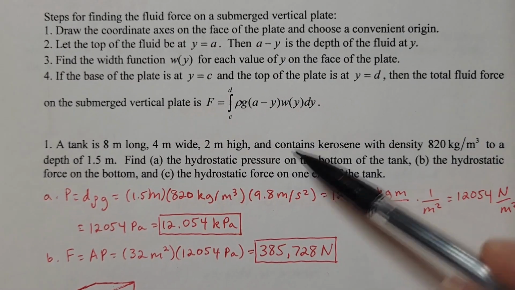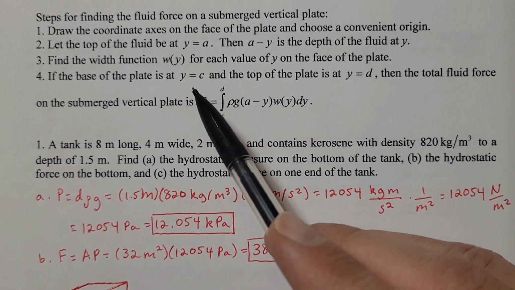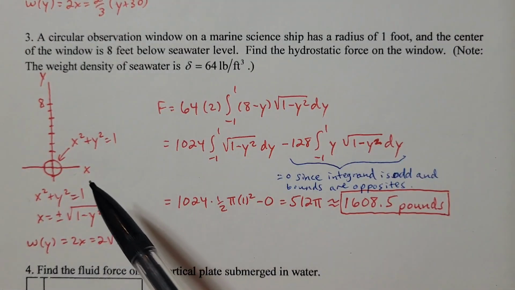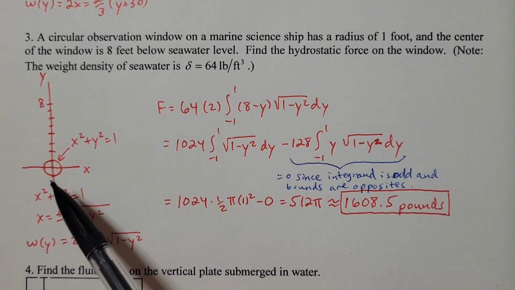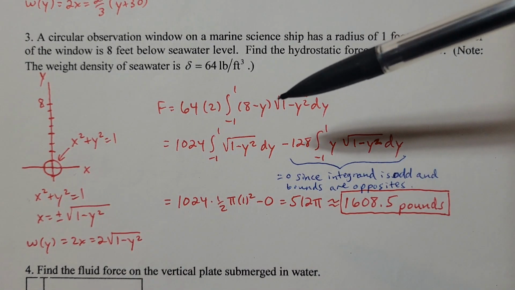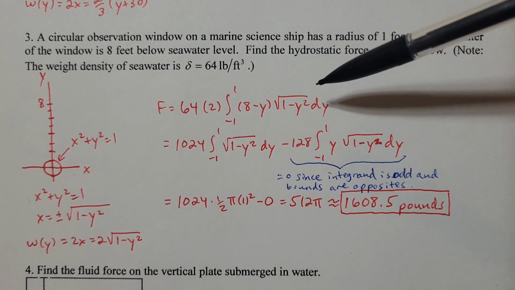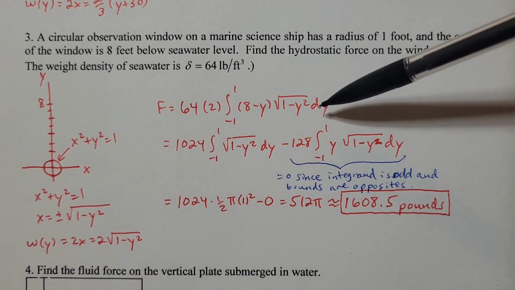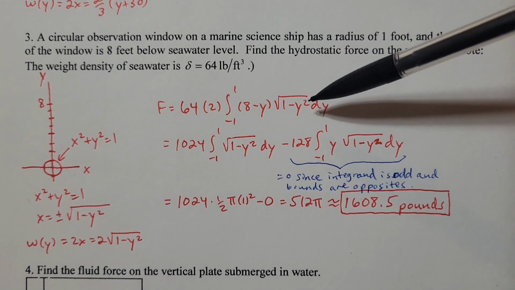Okay, so again, the bottom of the plate is at c, the top of the plate is at d. Well, from this picture here, I'm going from negative 1 to 1. And then in the integral, w of y, 2 is a constant. I can bring that outside the integral, right? I've got the square root of 1 minus y squared left inside the integral.